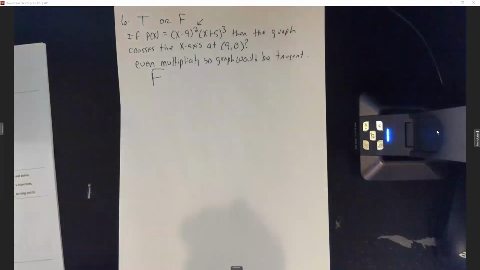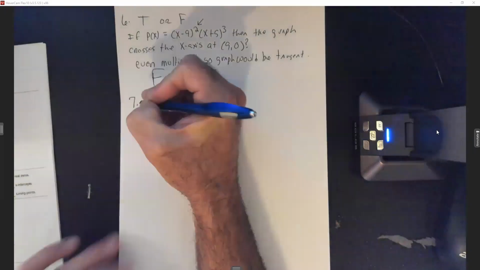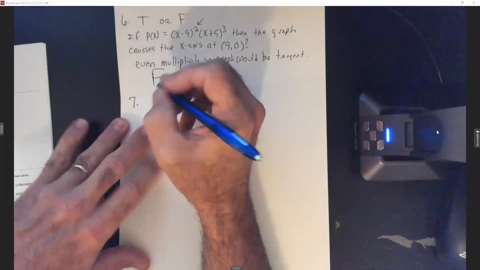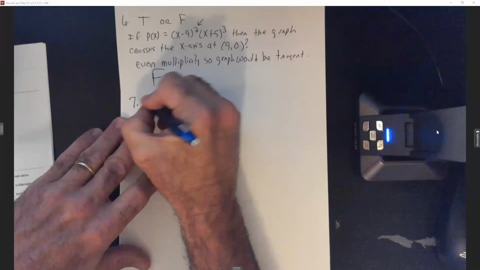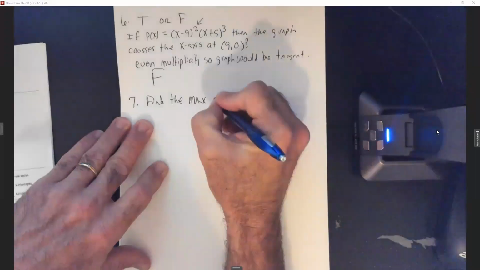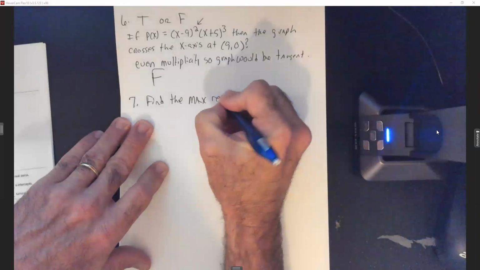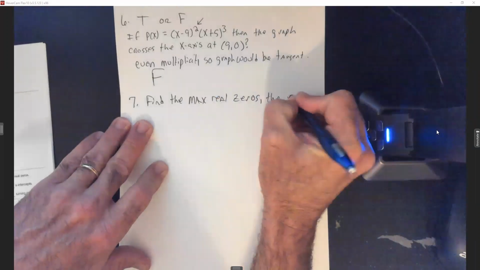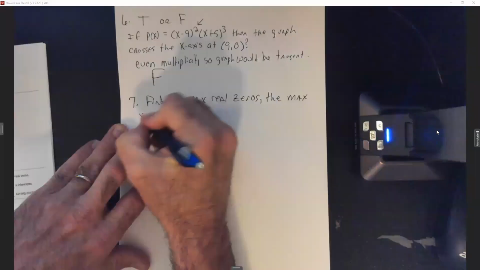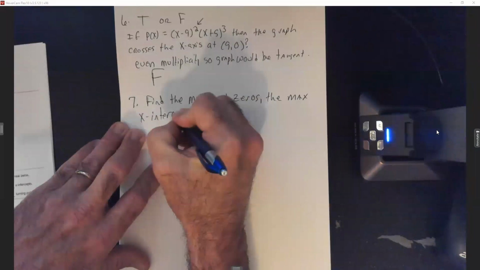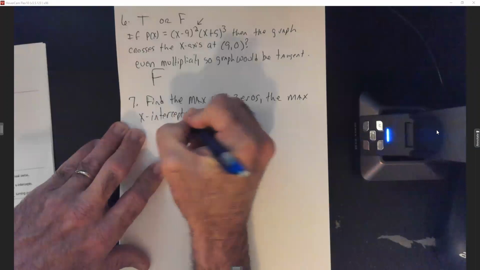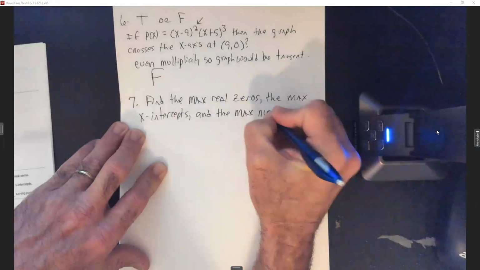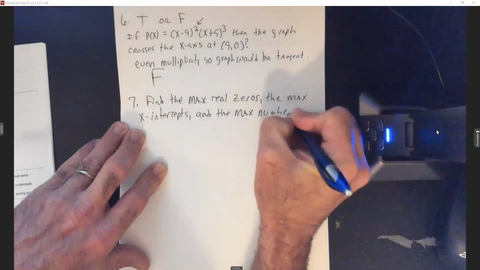All right, and let's see number 7. All right, so this one's not bad. We're going to find the maximum zeros, and those will be real zeros, the maximum x-intercepts, and the maximum number of turns.